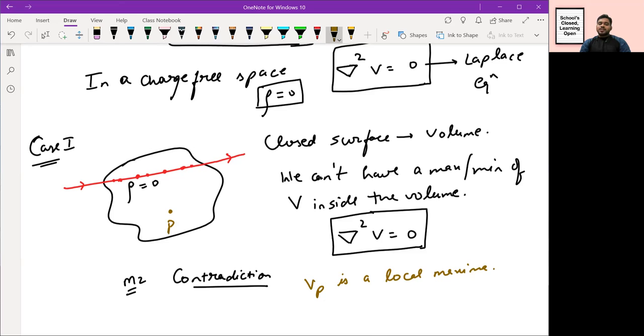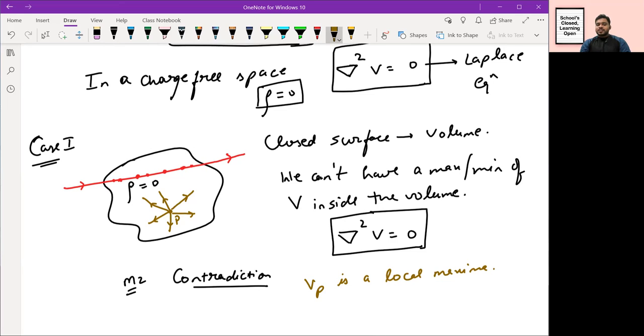If at P there is a maxima, then definitely in any direction from P, the potential should decrease, because it is a maxima, correct? Now, if the potential is going to decrease in any direction, in the direction of decrement of potential, electric field should be there. Electric field is in the direction of decrement of potential, correct?